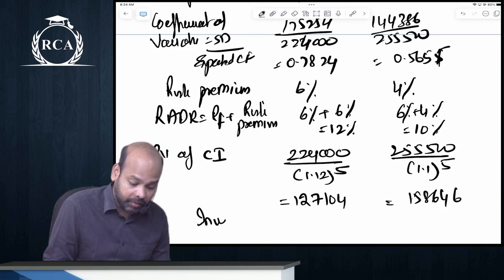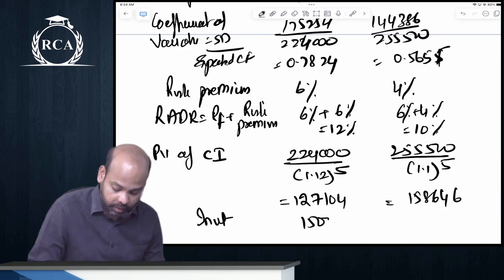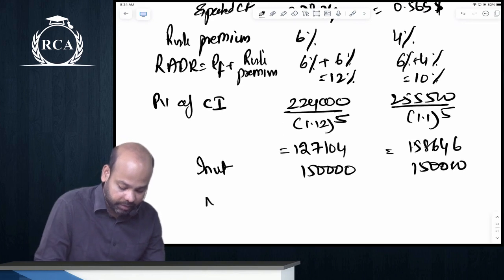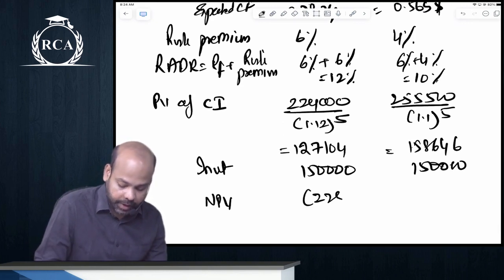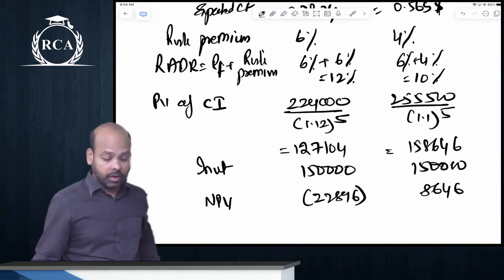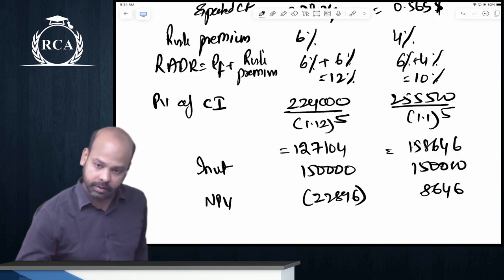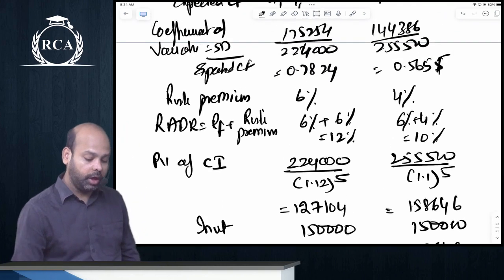What is the amount of investment guys in both the projects? 1,50,000. So the NPV of first project is negative 22,896. This is positive 8,646. Which project will you select? Undoubtedly Y. You should leave X.